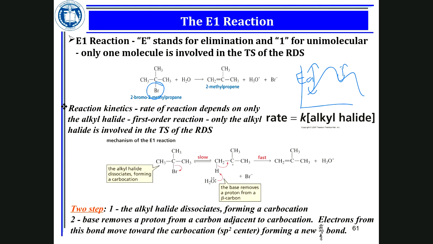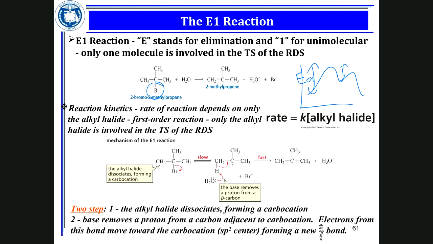Which one would go through E1 mechanism faster, tertiary or secondary? Do we have an intermediate for E1 mechanism?